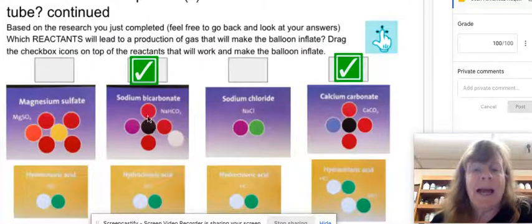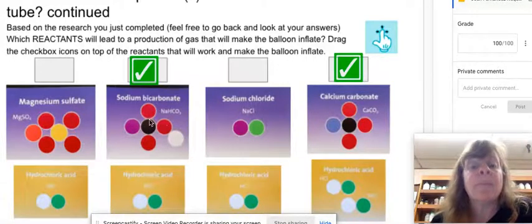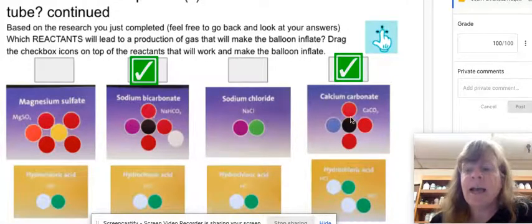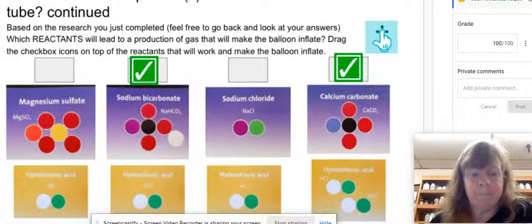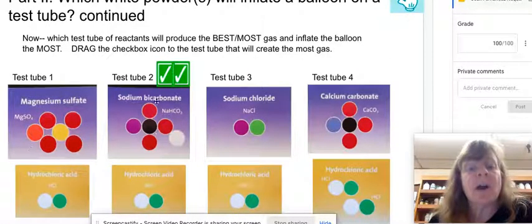Sodium bicarbonate has the carbon and oxygen atoms present that will ultimately produce the carbon dioxide gas. And so does the calcium carbonate. Sodium bicarbonate only needs to react with one hydrochloric acid and does produce the most gas.